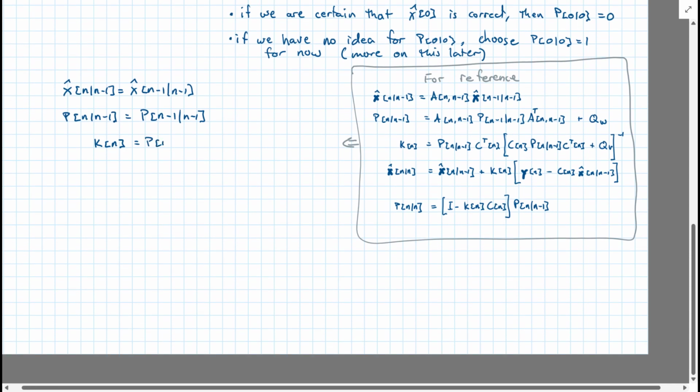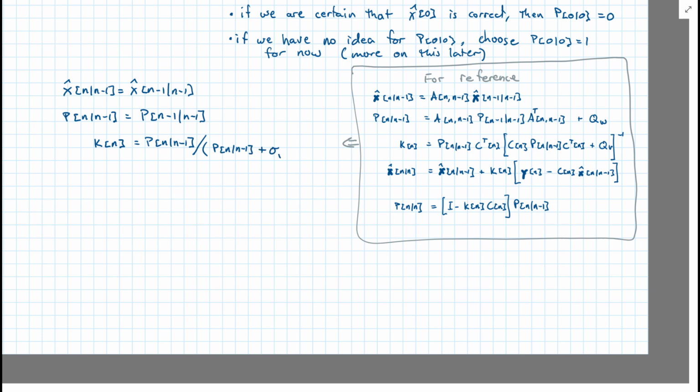So that would be P n given n minus 1 times C transpose, and inside here we have 1 times P n given n minus 1 times 1 plus sigma v squared. This is a scalar quantity, so we can actually write it like this: P n given n minus 1 over P n given n minus 1 plus sigma v squared.